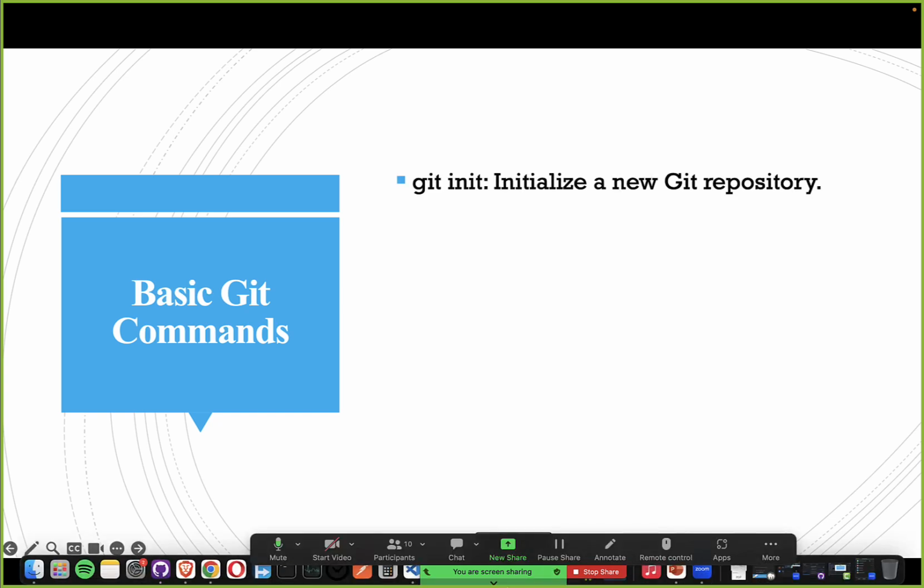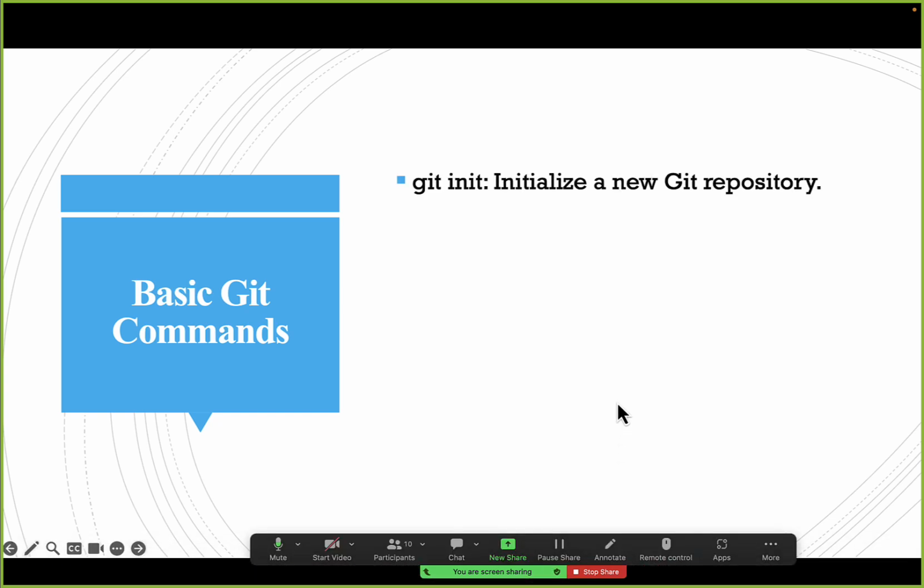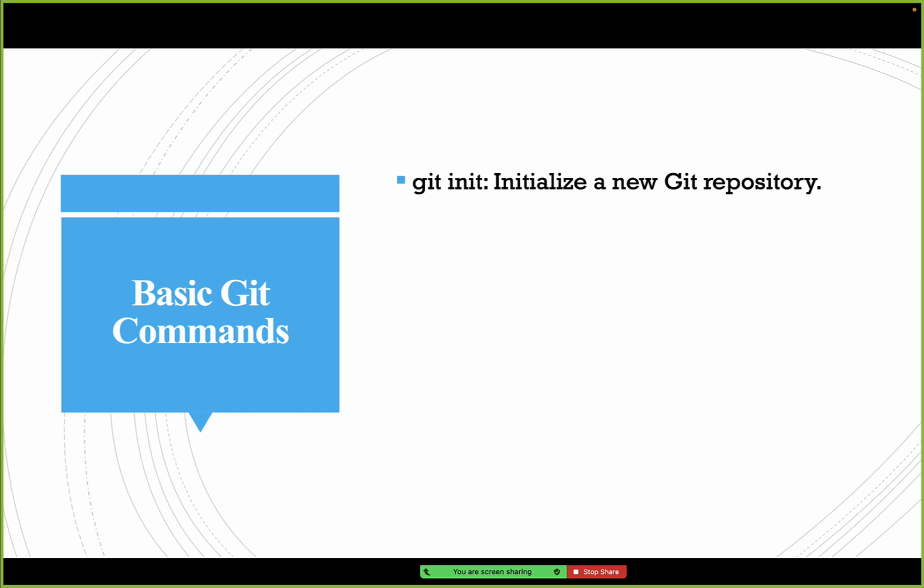So let's look at the basic commands of Git. So we have git init. Git init will help you to start a GitHub repository, or to initialize one. So when you want to create a new repository, we use git init. Then you have git clone. Let's say that we are 5 working on the same project and I've created the project. I'm the first person who has created it.